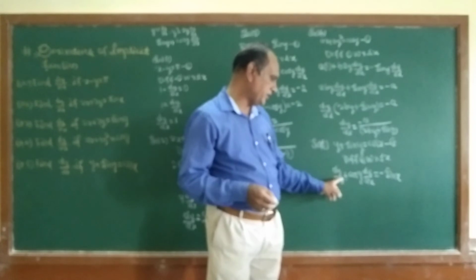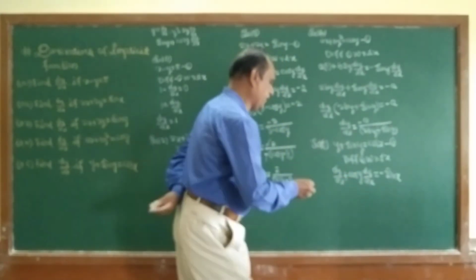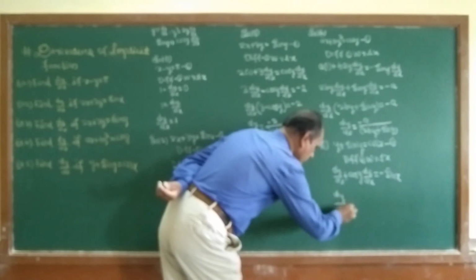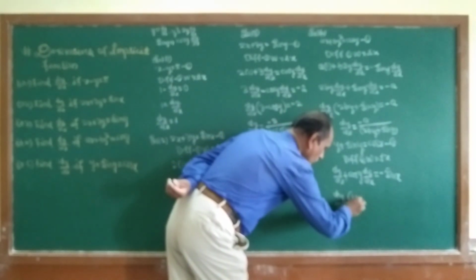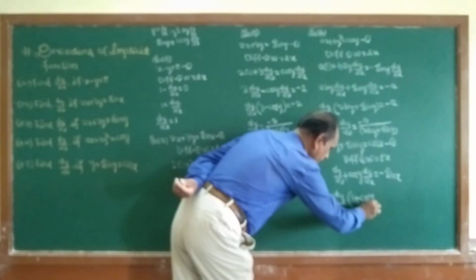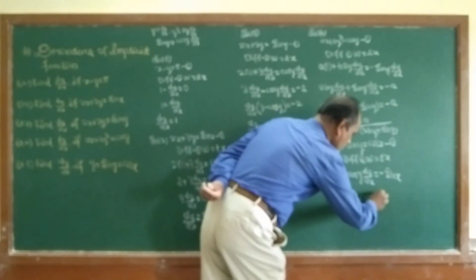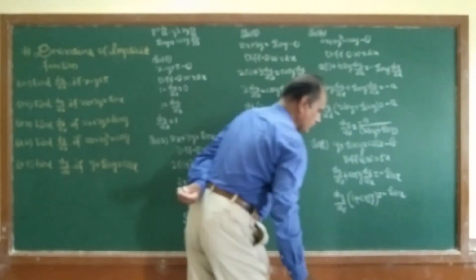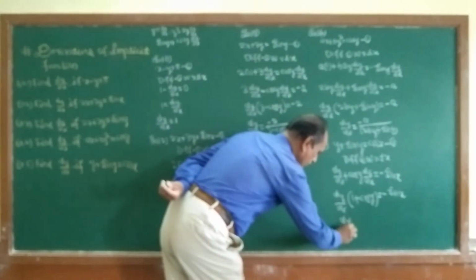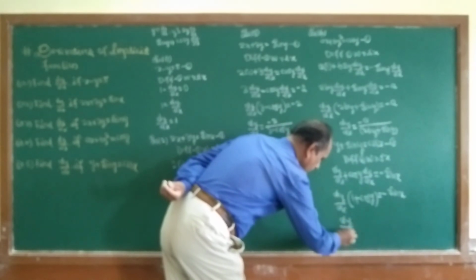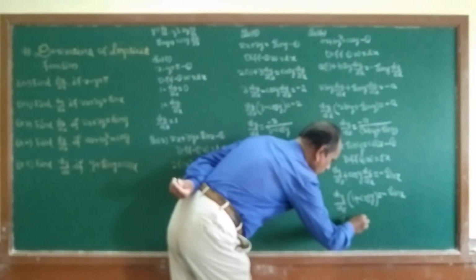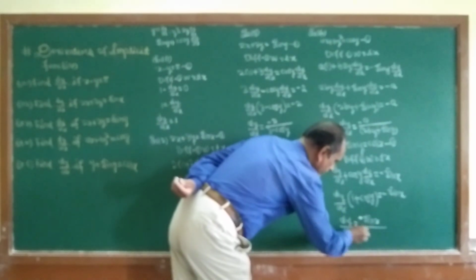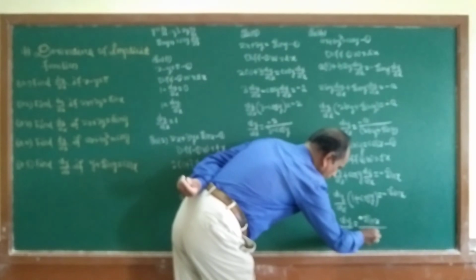Take dy by dx common, so inside the bracket 1 plus cos y is equal to minus sin x. Therefore dy by dx is equal to minus sin x divided by, in the denominator, 1 plus cos y.